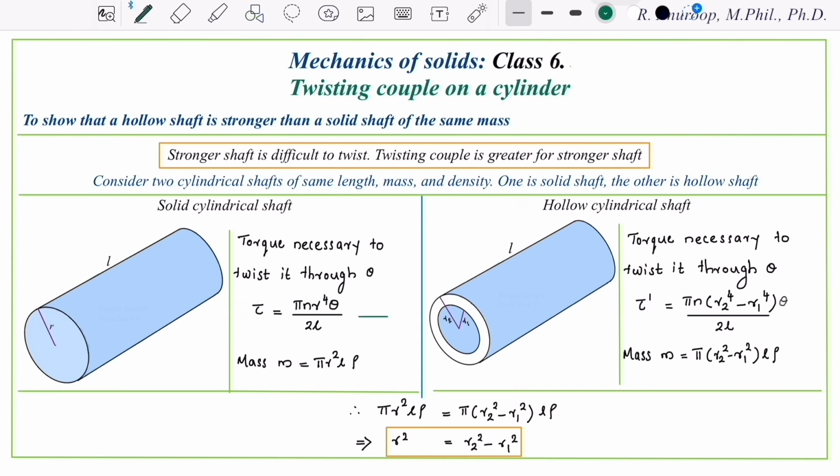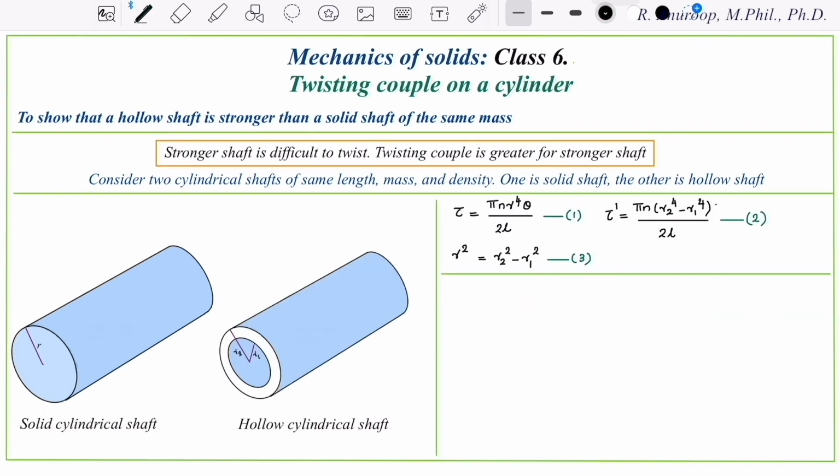Now let us give the proper numbering. We have equation 1, equation 2 and also equation 3. Now equation 2 by equation 1 implies tau dash by tau is equal to r2 raised to 4 minus r1 raised to 4 divided by r raised to 4.